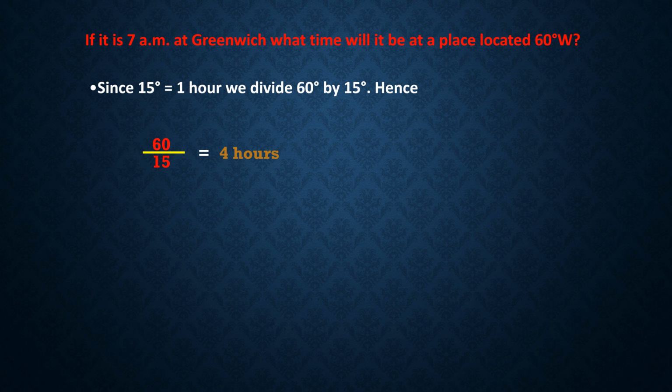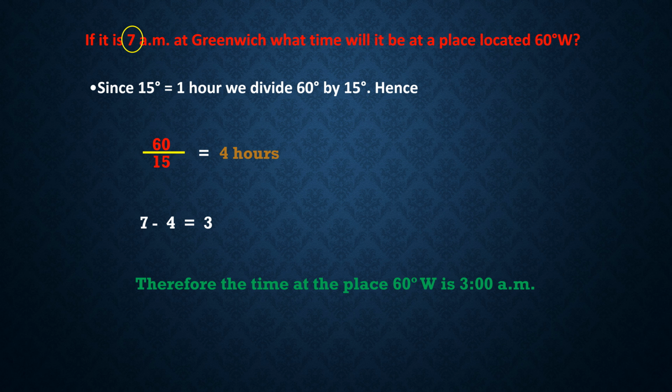Therefore, we are going to subtract when calculating our time west of Greenwich. Therefore, we will say 7 a.m. minus 4 hours. This should give us 3 hours. Therefore, our time will be 3 a.m. at the place located at 60 degrees west.